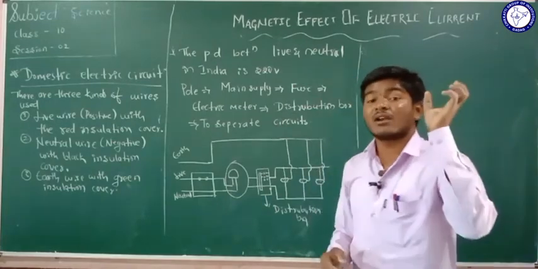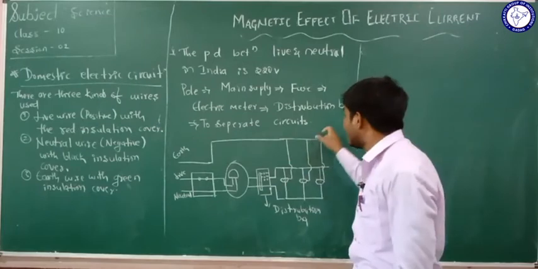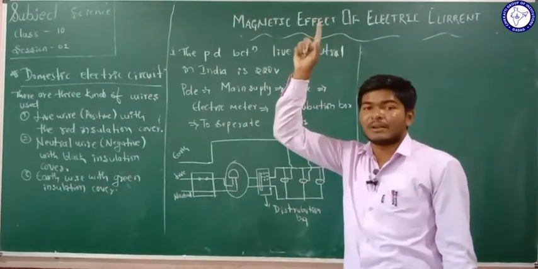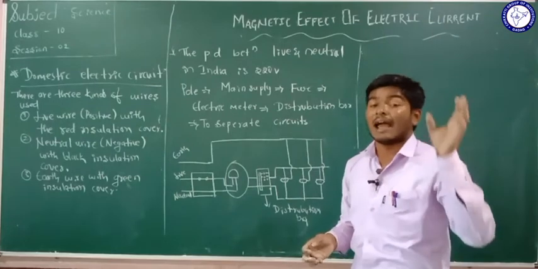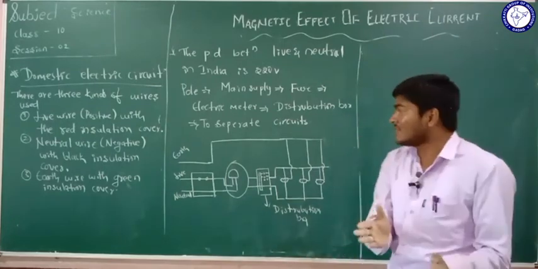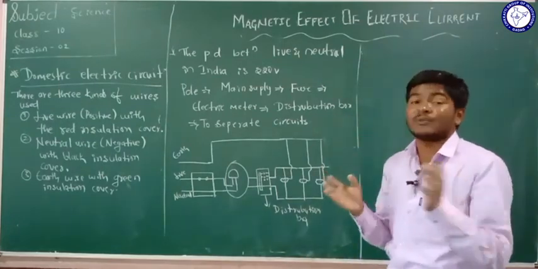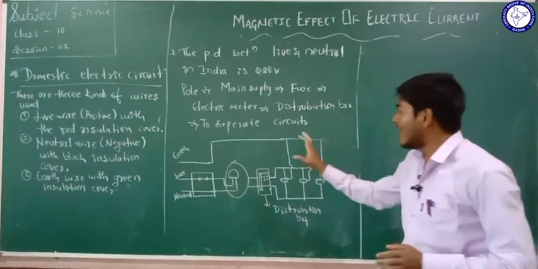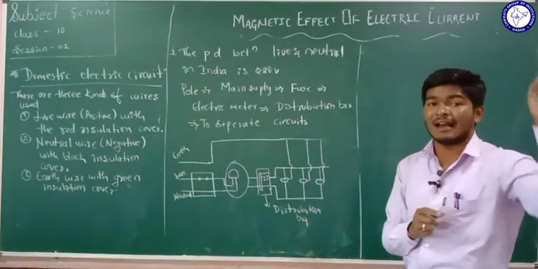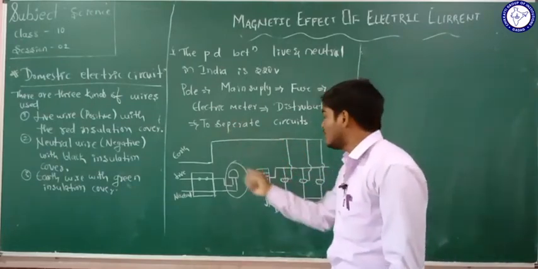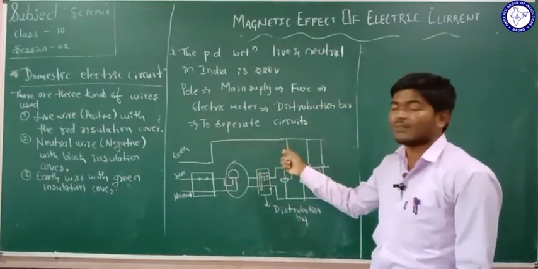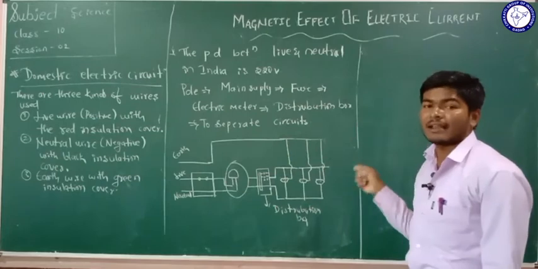If you do not place that earthing rod at the top of your building, the lightning will cause a lot of damage. In such a way we protect our electrical devices from lightning: we should attach the earthing wire to all our electrical equipment.